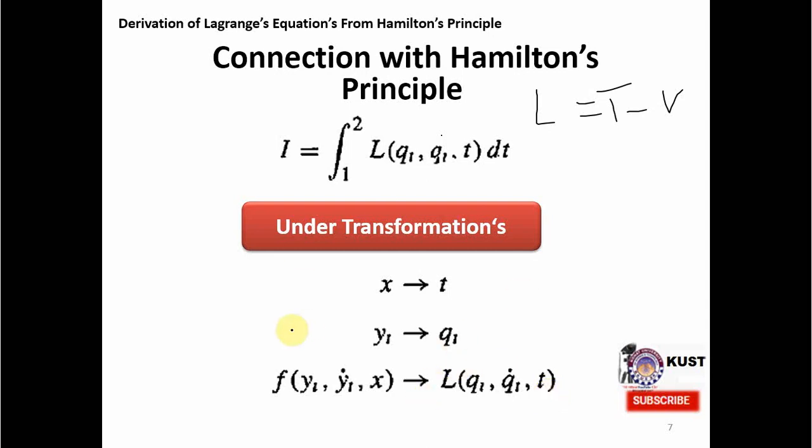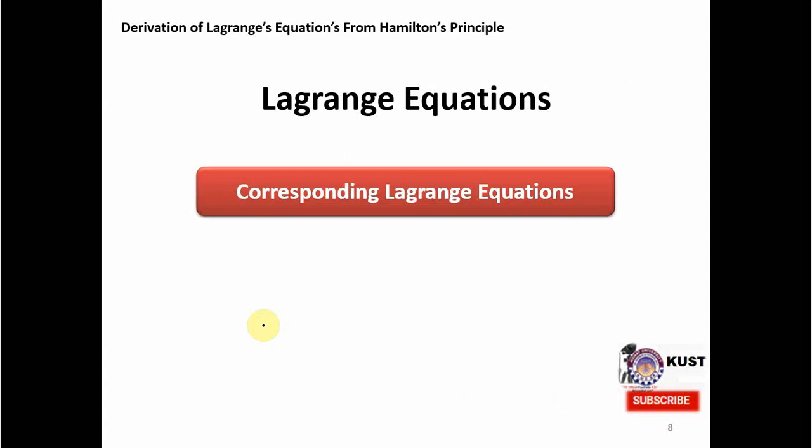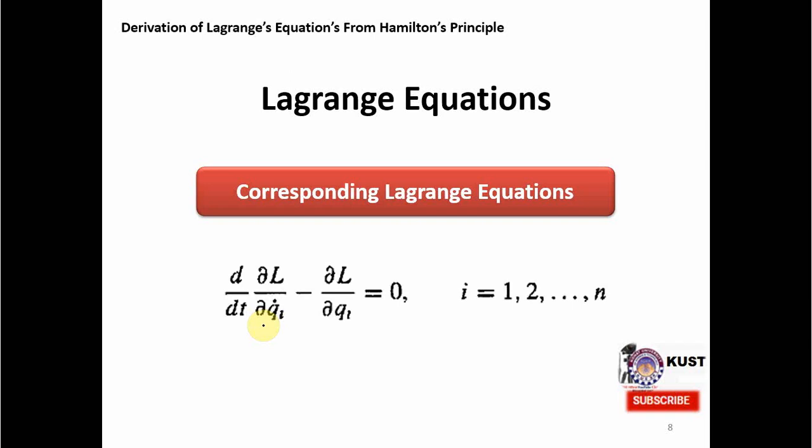So under these transformations, we are now ready to calculate the Lagrange equations and do all the steps of the variational principle. At the end, when we do all the steps, for example, we do the variations and the partial integrations and put the terms at the boundary equal to 0, what we get are the Euler-Lagrange equations, or simply the Lagrange equations.